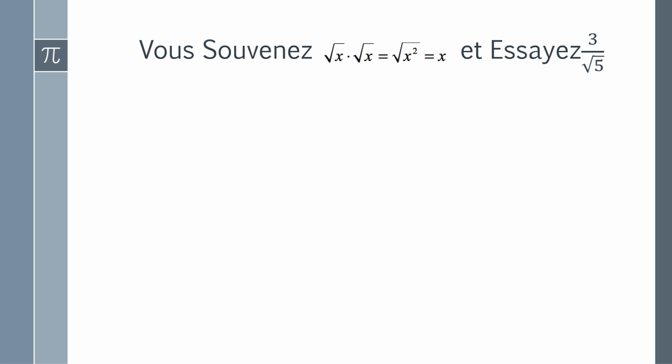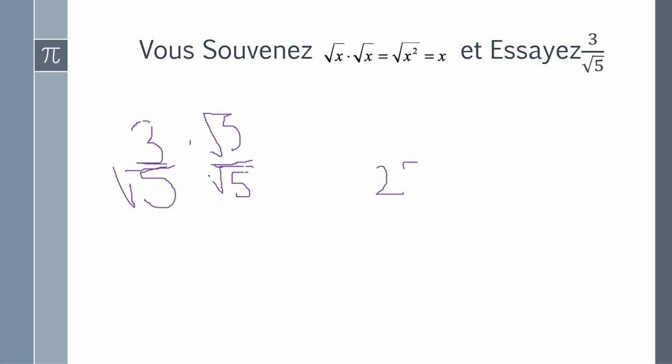Right, so let's try this one. So to do a problem like this, multiply the whole entire thing by the square root of 5. And when you do that, the denominator is going to be the square root of 25.